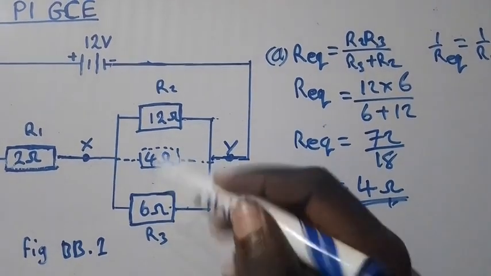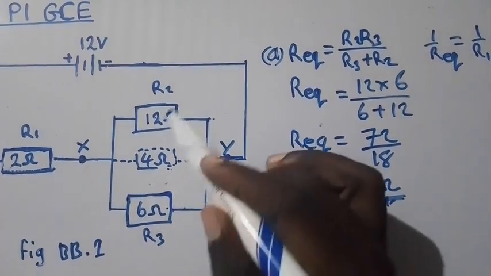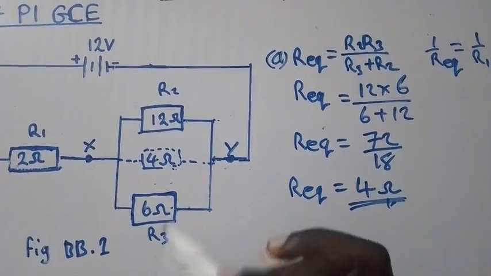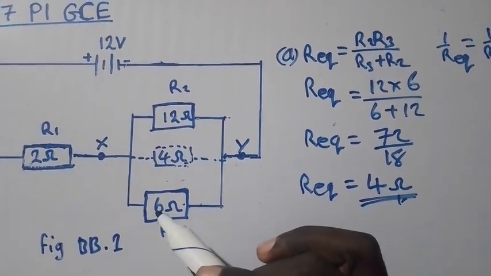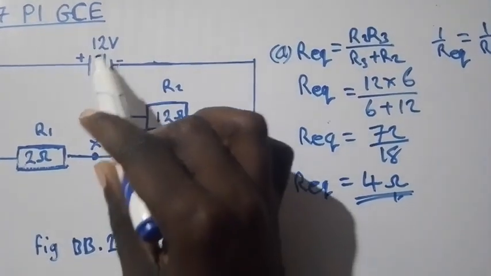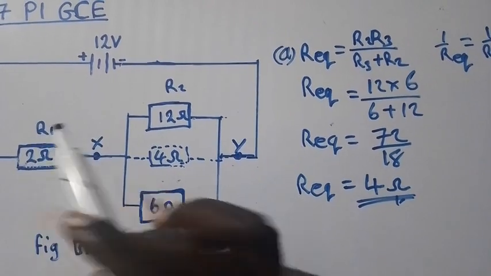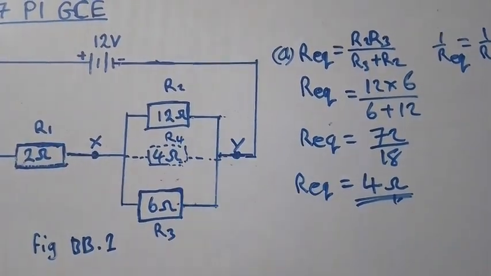After finding the equivalent resistor for R1, R2 and R3, this is what we are getting. So now, to find the current that is coming from the battery, we need to know the total resistance between resistor 1 and the one we have calculated, which is going to be resistor 4.